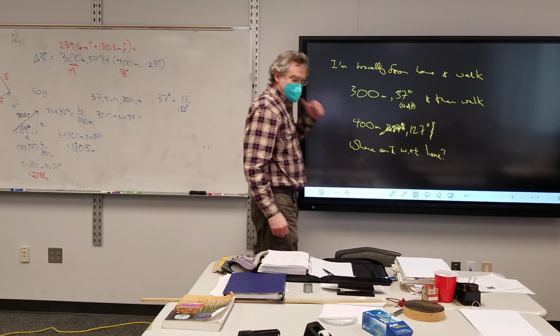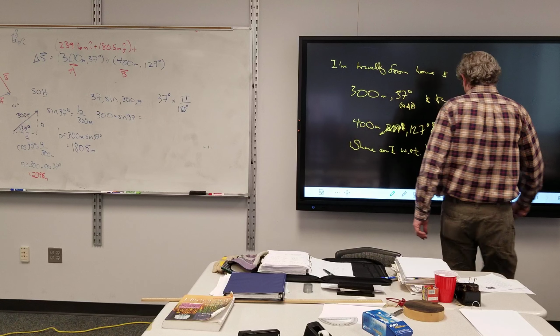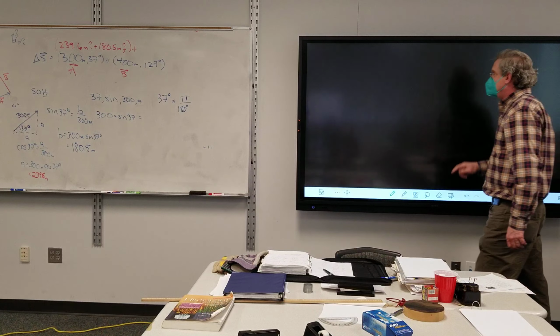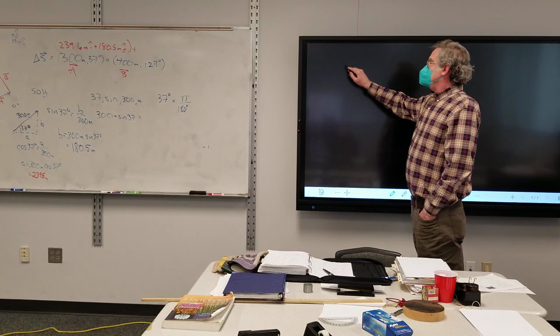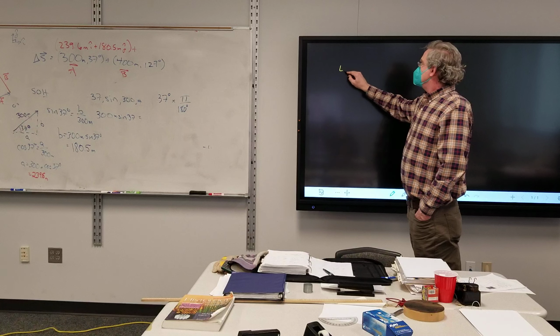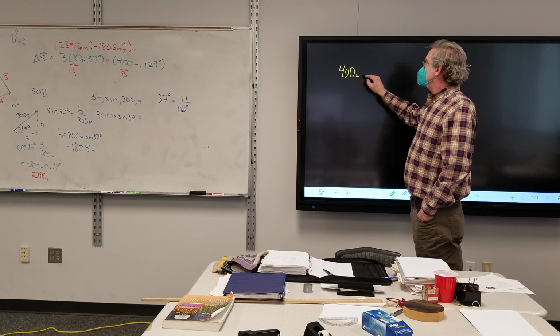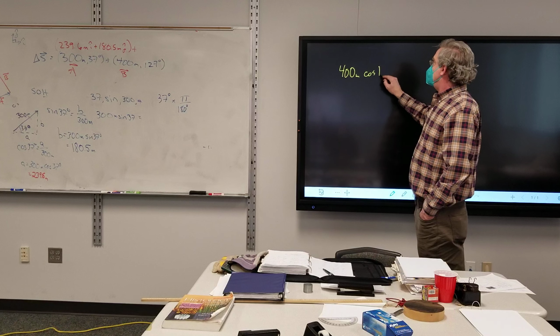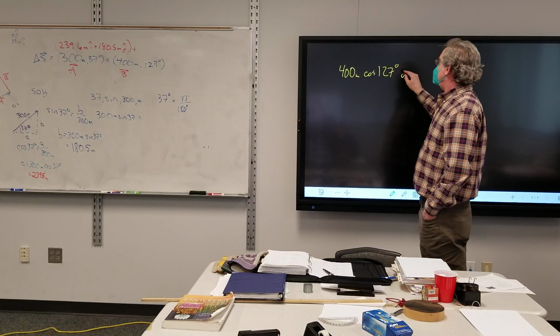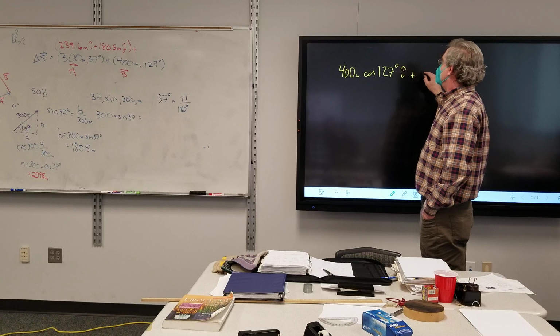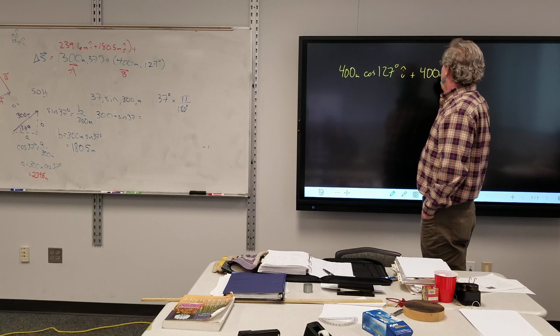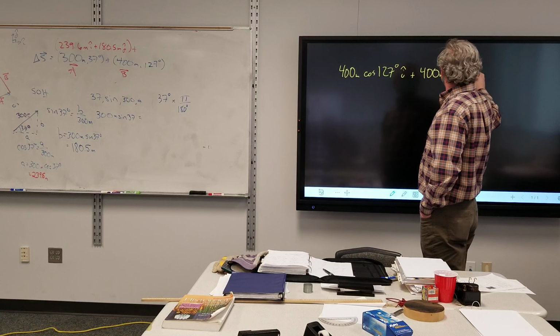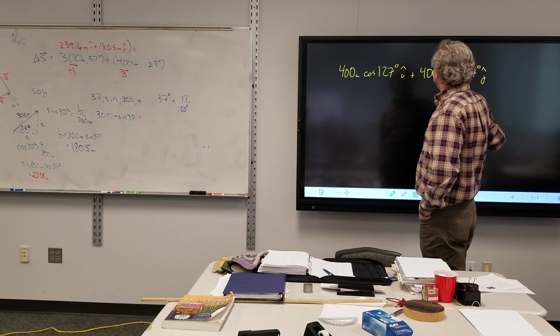We can go through the exact same argument, except it's going to be 400 meters times the cosine of 127 degrees i hat plus 400 meters times the sine of 127 degrees j hat.